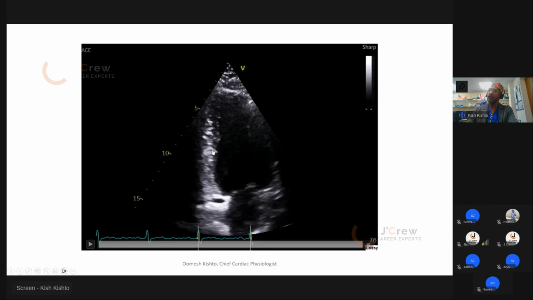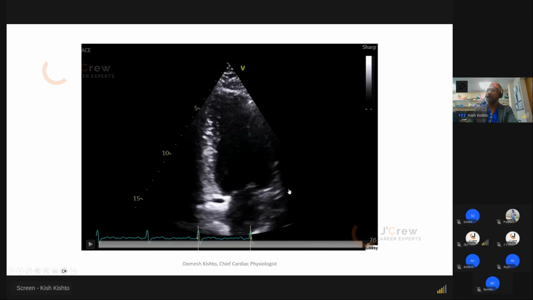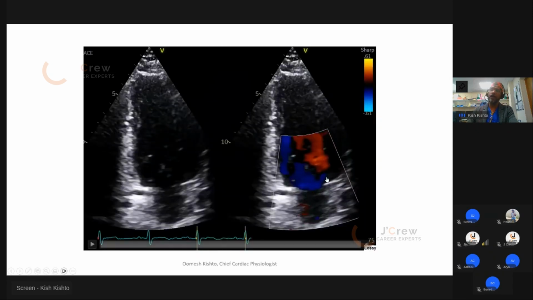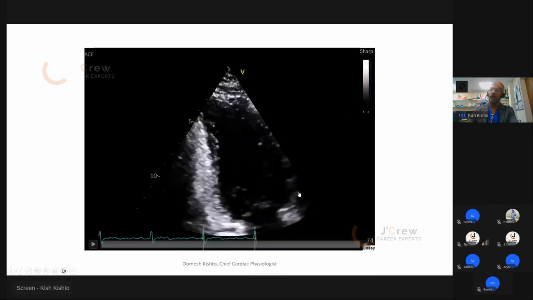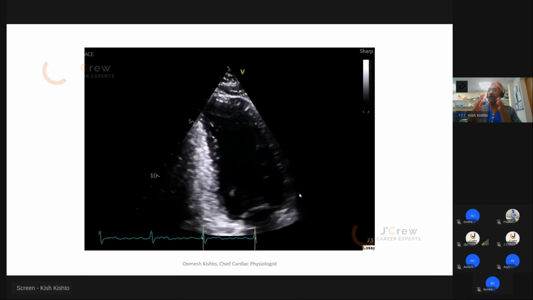So your inferior wall here, and that's your anterior wall, okay? And then another, just put your color, just make sure there's no MR and everything. So again, now I've optimized my image. So I'm looking at my regional wall motion abnormalities, and these are the images that I will use for my Simpson's as well. Okay, inferior wall, anterior wall.